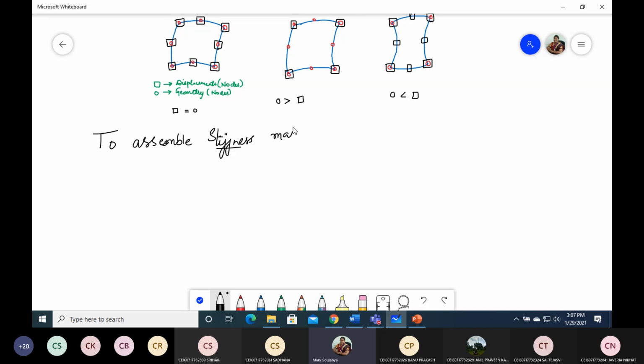To assemble the stiffness matrix from equation 1, using shape functions for geometry. Geometry indicates x comma y, is it not?